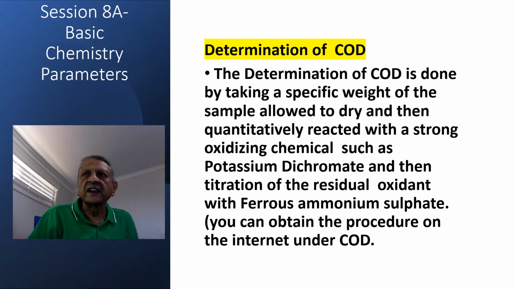What they do is they take a special weight of the sample, say 100 ml of water, weigh it, and then they strongly react it with oxidizing chemicals such as potassium dichromate, and then titrate the residual oxidant with ferrous ammonium sulfate. You can obtain the procedure for determination of the COD on the internet.